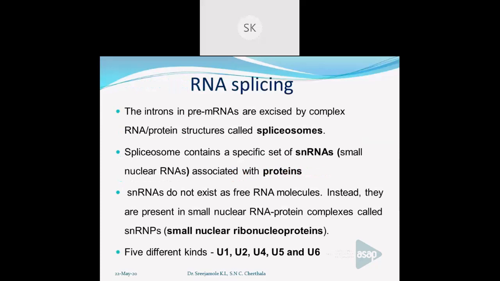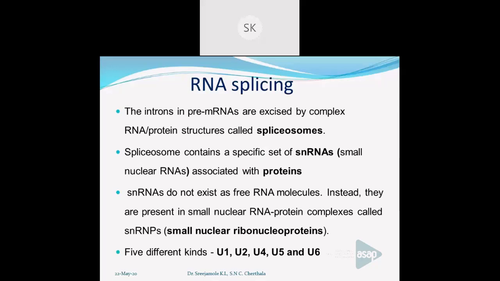In RNA splicing, the introns in the pre-mRNA are excised by complex RNA-protein complexes, which are known as spliceosomes. The RNAs involved in these spliceosomes are known as snRNAs, or small nuclear RNAs.